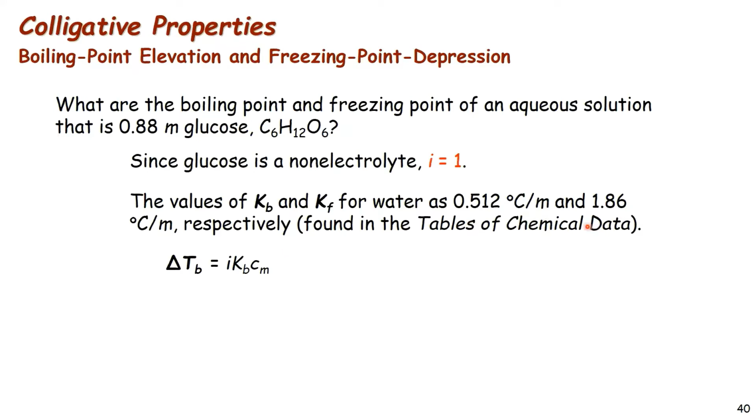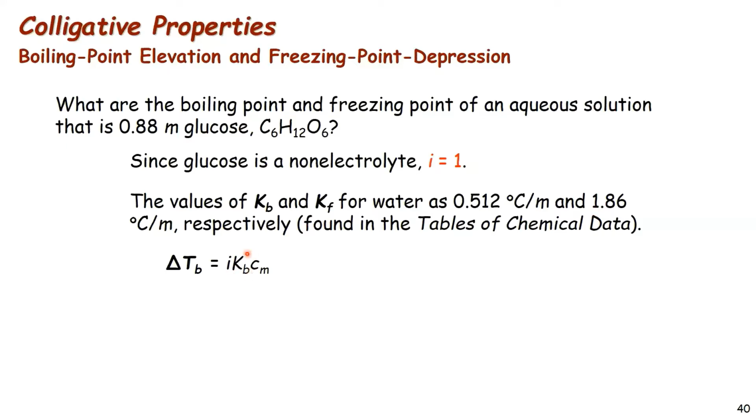And then the freezing point depression constant, and again, these are for water. These are for water because this is an aqueous solution and we don't care about the solute. All we care about is the solvent. So for water, the freezing point depression constant is 1.86 degrees Celsius per molal.